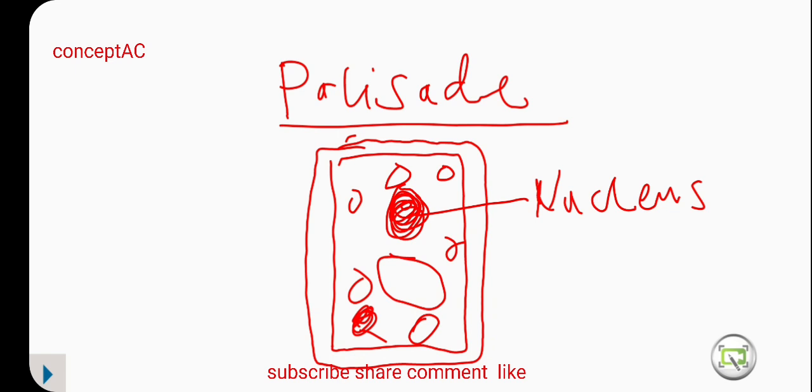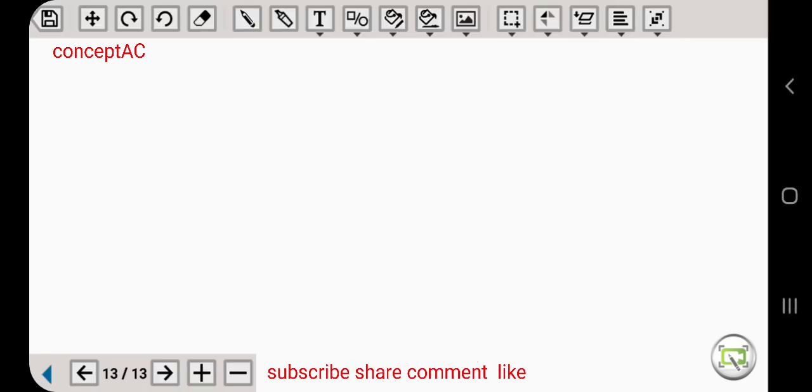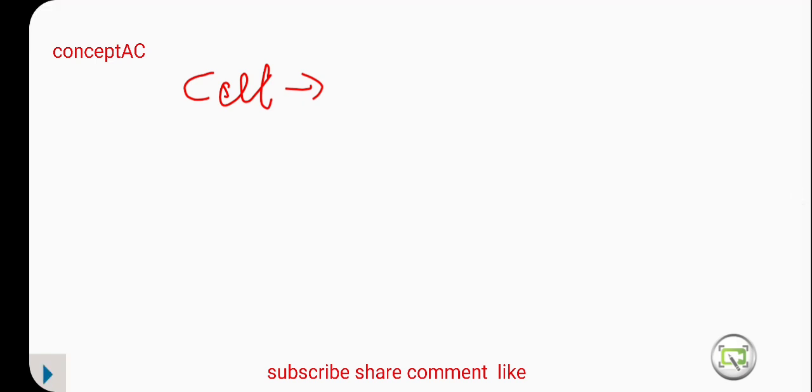Now let's just talk of the last component, cell organization, how cells are organized. Groups of cells that have similar function make tissue.